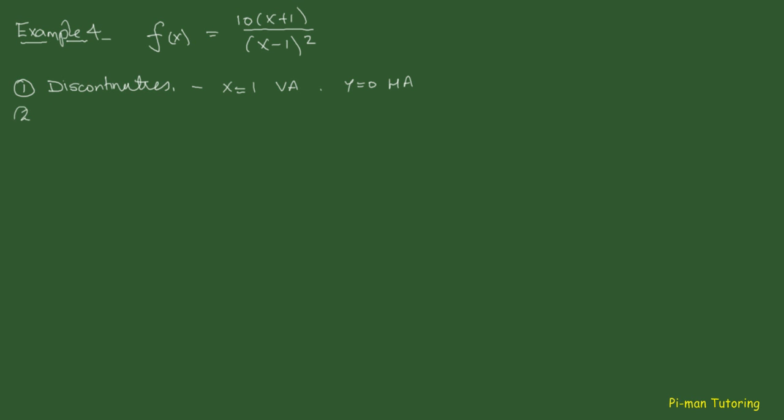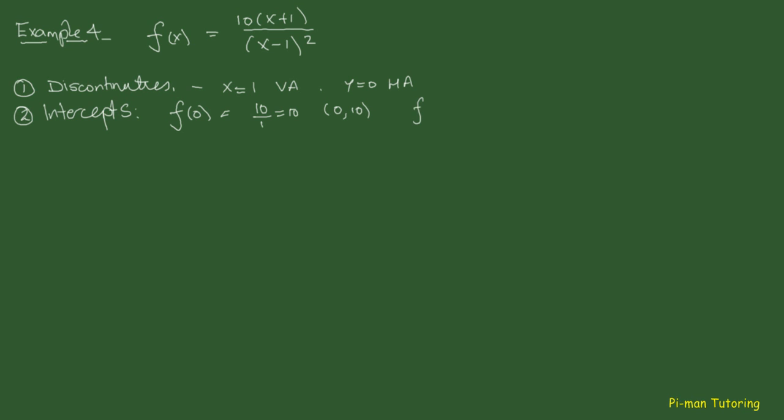Next we look at intercepts. So f of 0 is 10 divided by -1 squared. So we know that a point on the graph is (0, 10).